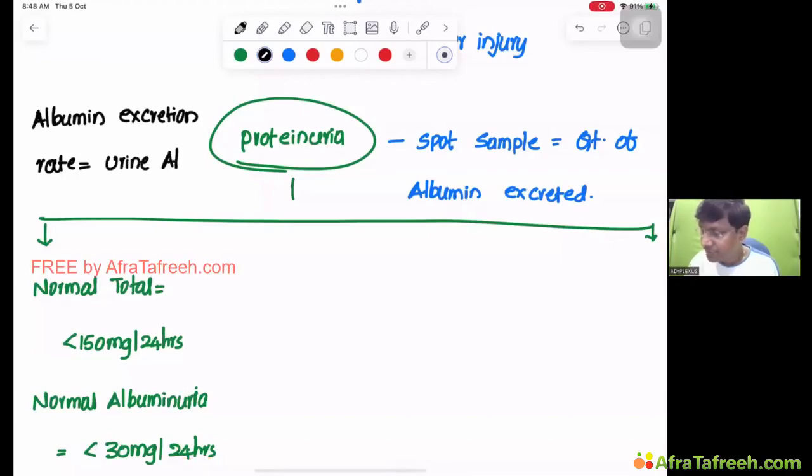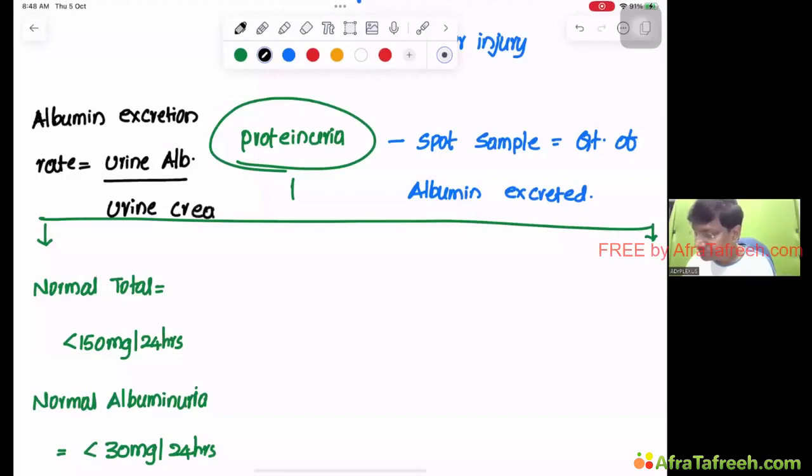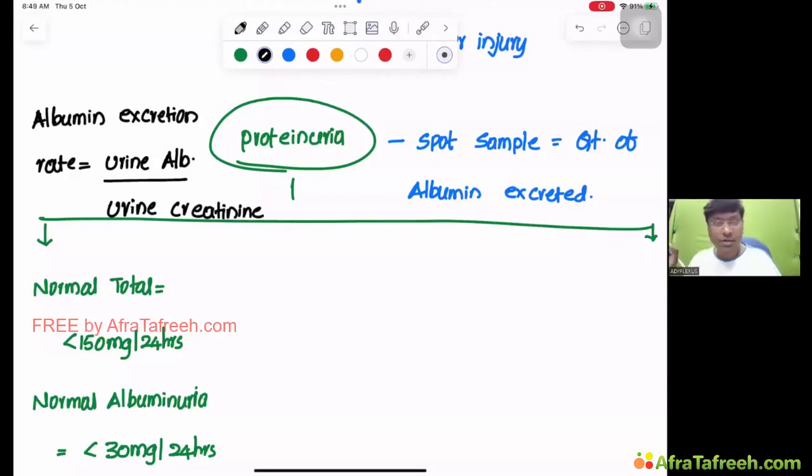The quantity of urine albumin by urine creatinine. This will give you the albumin excretion rate. So this will quantify the quantity of albumin excreted in the spot sample. You don't require the 24-hour urinary collection of the samples for this.